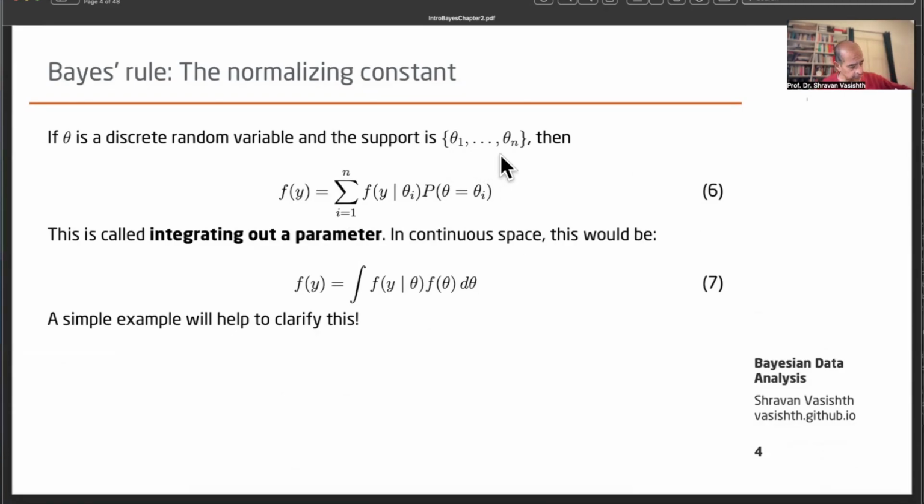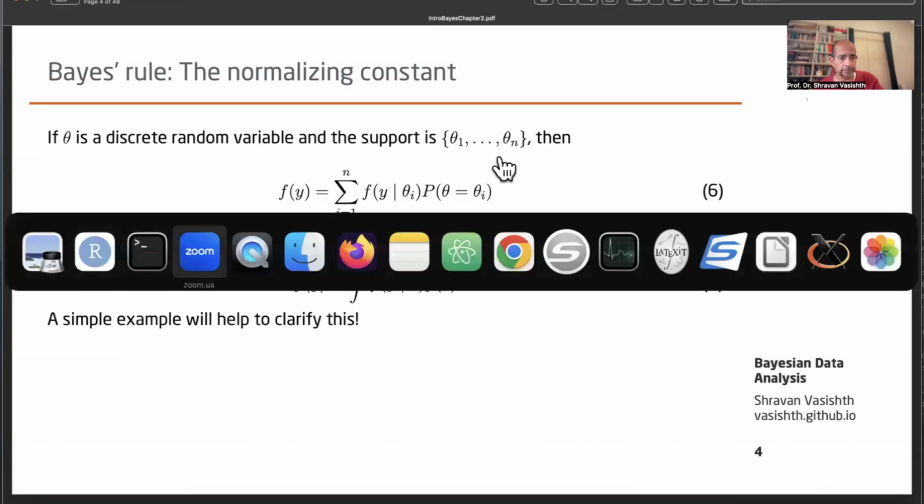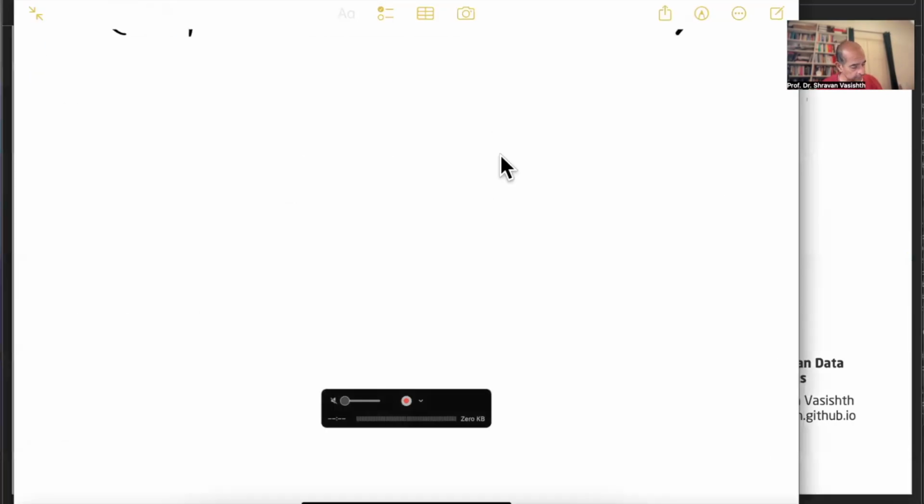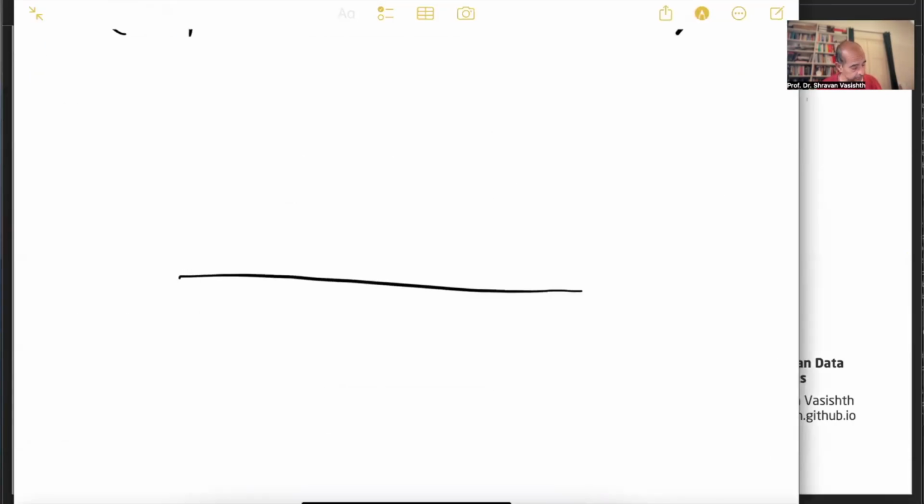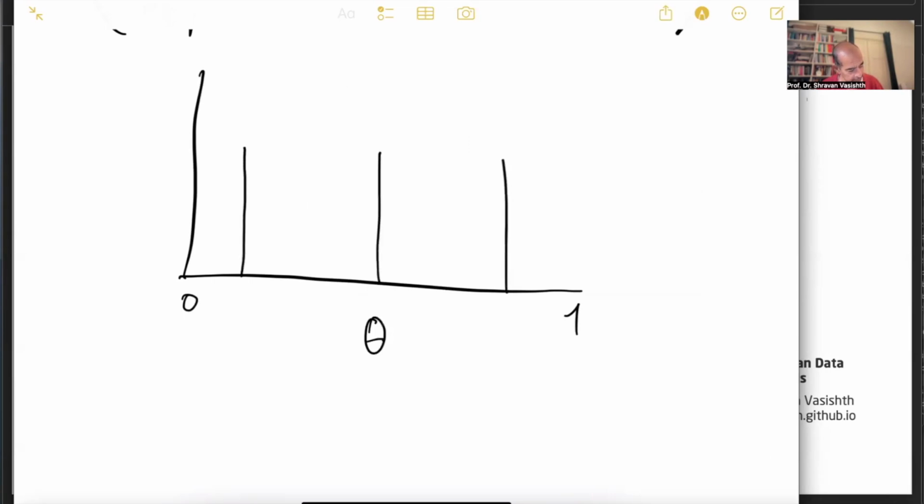So I could come up with a distribution that represents, for my theta parameter, three possible discrete values that are equally likely.